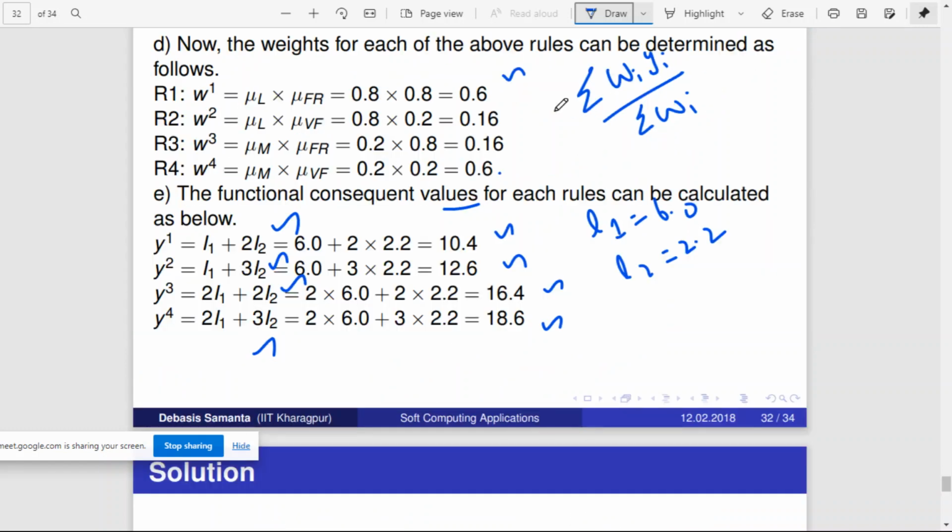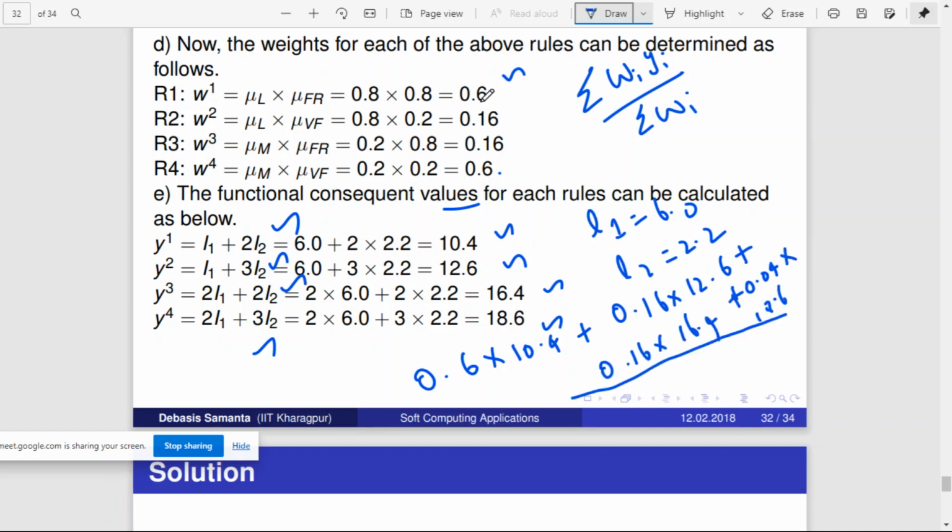So it is 0.6 into 10.4 plus 0.16 into 12.6 plus 0.16 into 16.4, plus 0.04 into 18.6, divided by the sum of all weights: 0.6 plus 0.16 plus 0.16 plus 0.04. You calculate this; maybe some mistakes may be there. That is the final result.